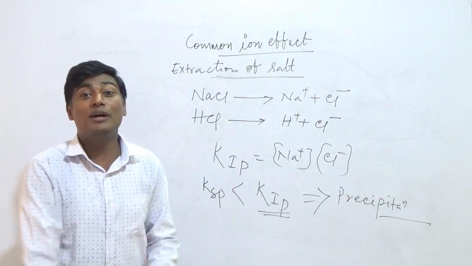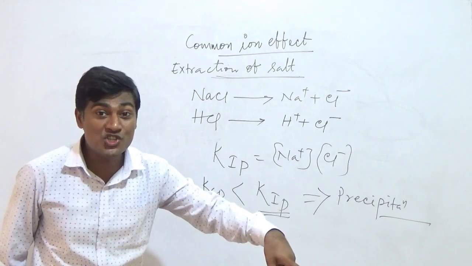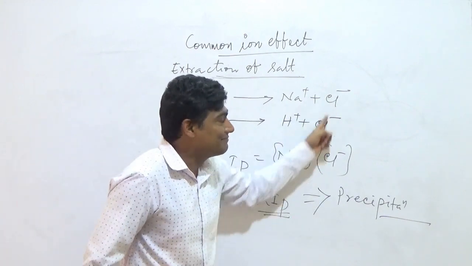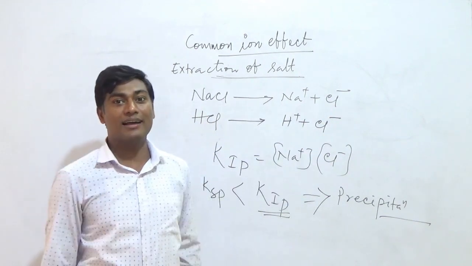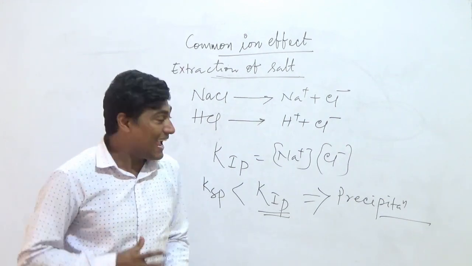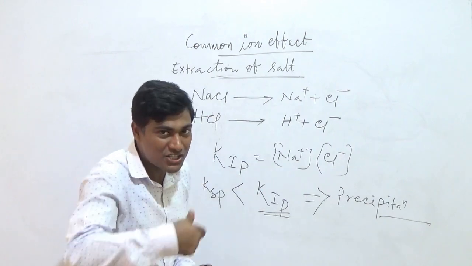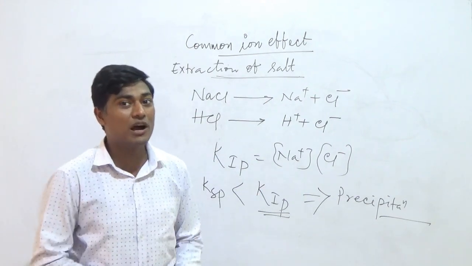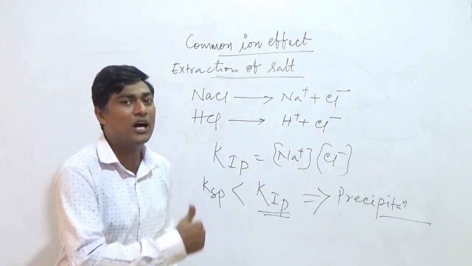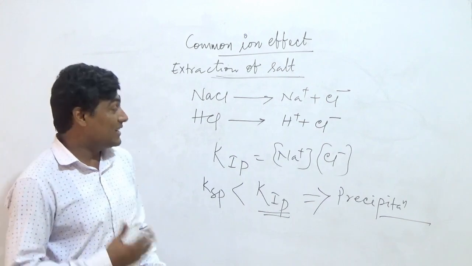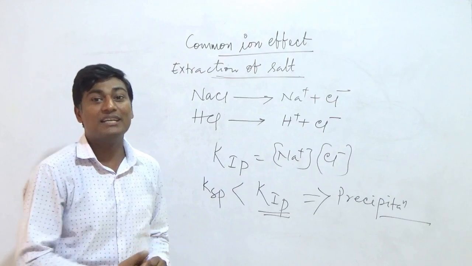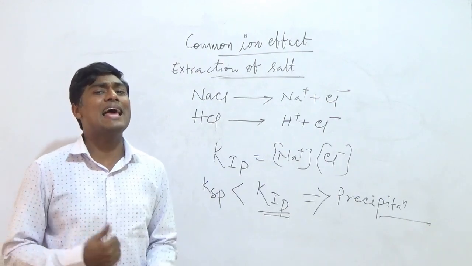We supplied a compound in which one ion is common. This common ion suppressed the ionization, and due to the higher concentration of Cl-, which is common, we get precipitated sodium chloride. We can take it otherwise that its ionization is suppressed.